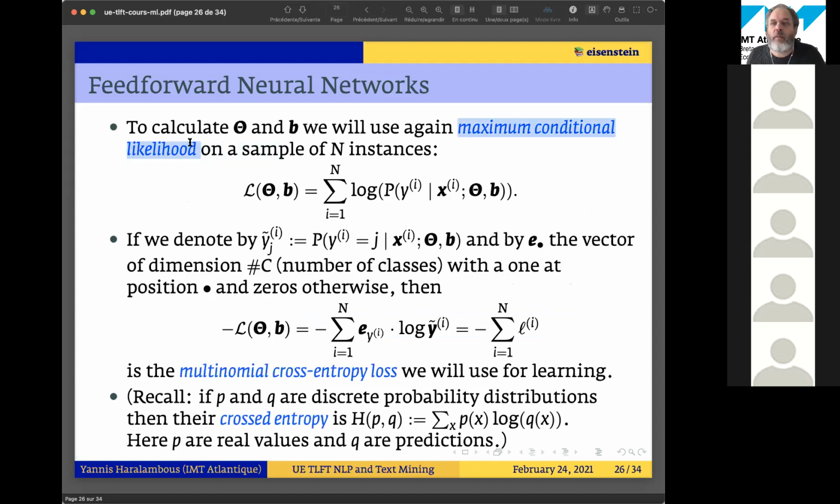We used logistic regression twice, so naturally, again, we will use maximal conditional likelihood on a corpus with n individuals, with n instances. Here it is. So this is our maximum conditional likelihood. Now, let us do a trick.